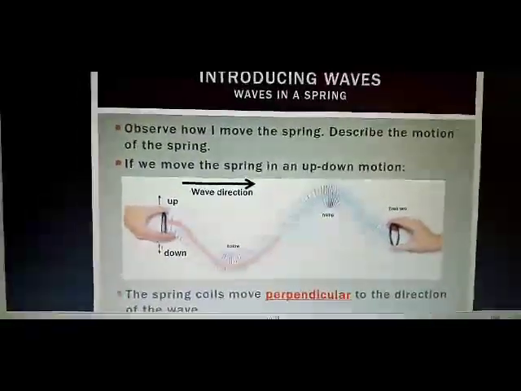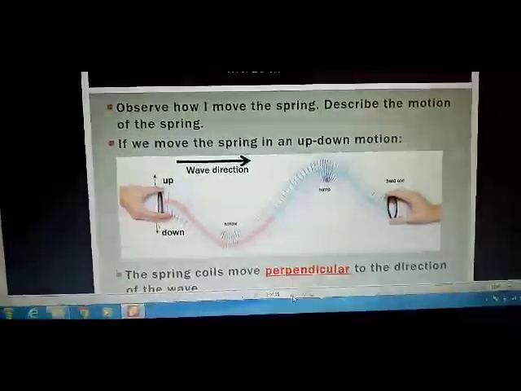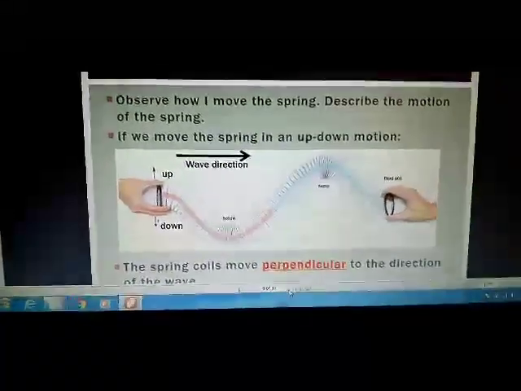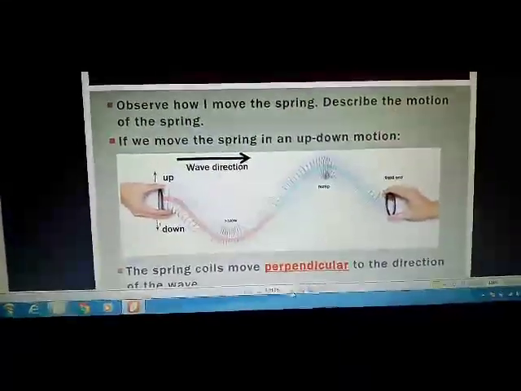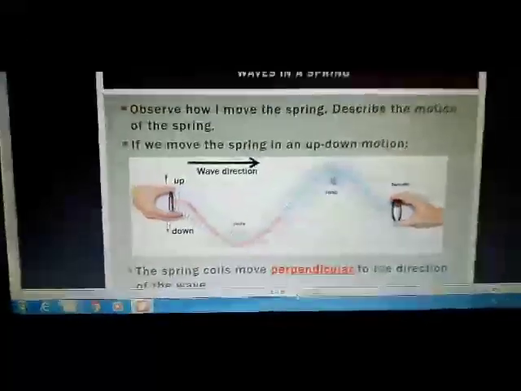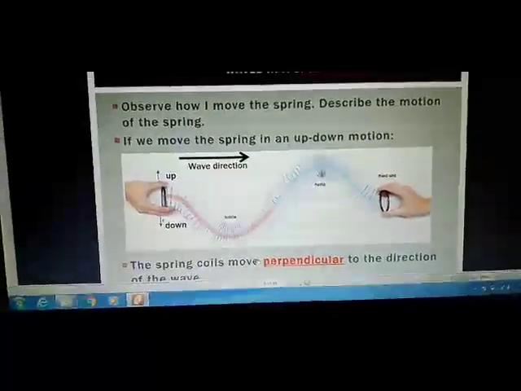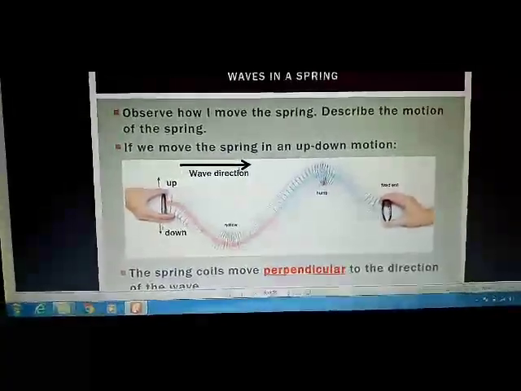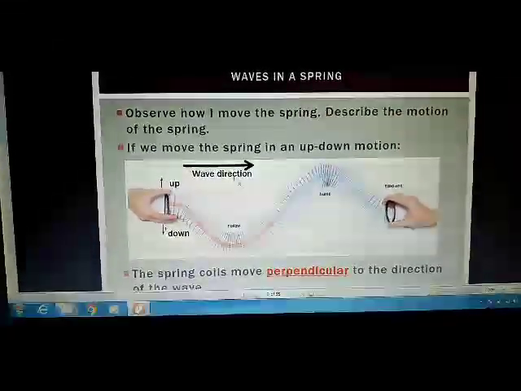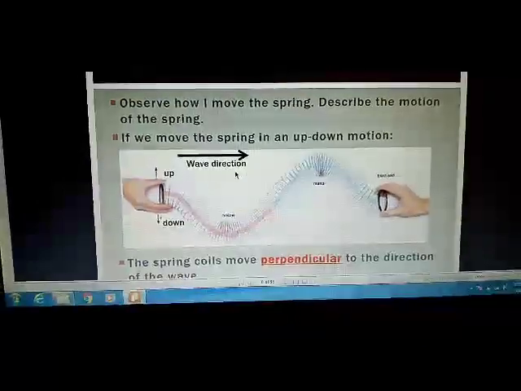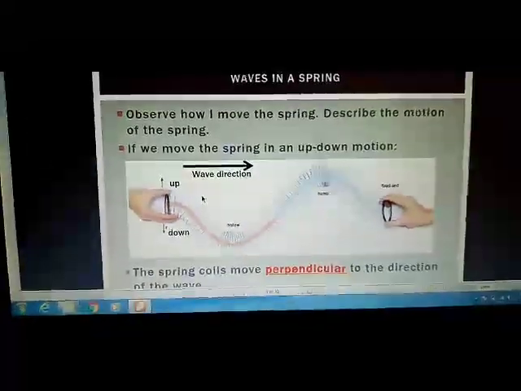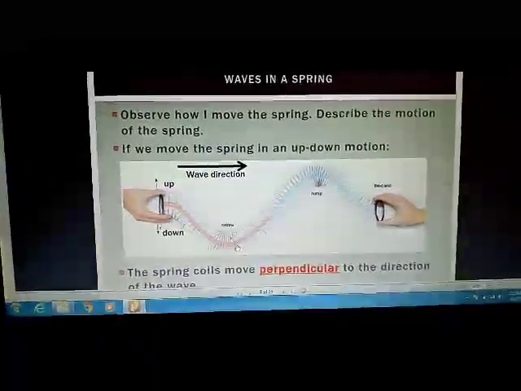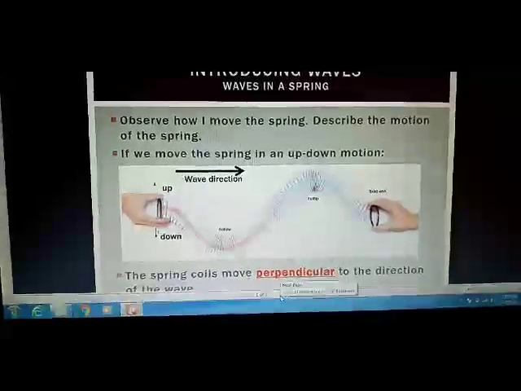There are some parts where the motion is in such a way that it produces crests and troughs. If you see the direction of motion of the hand, it is up and down, and the direction of the wave is in the forward direction. Again, these arrows make an angle of 90 degrees. So the spring coil moves perpendicular to the direction of the wave. They are perpendicular to each other.